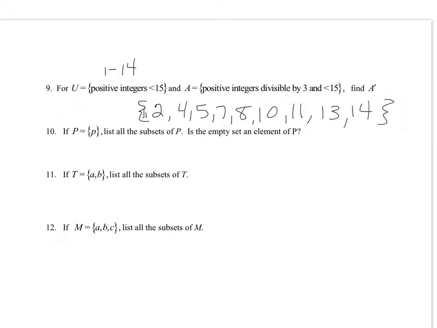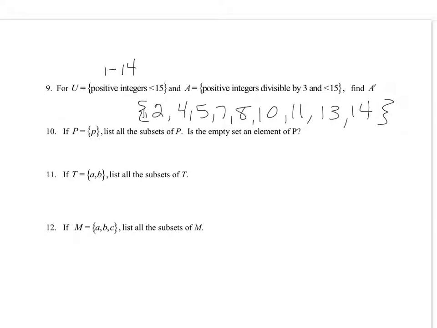Okay, let's talk about the difference between the subsets and being an element of a set. When we list all the subsets, it means every possible way that we could show what would be a part of this original set.